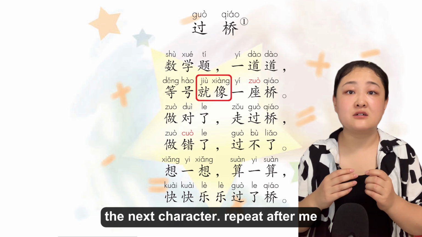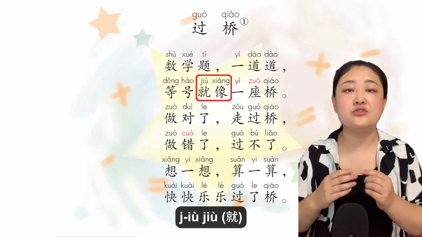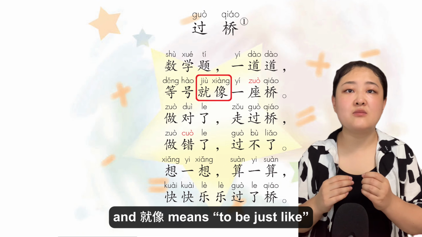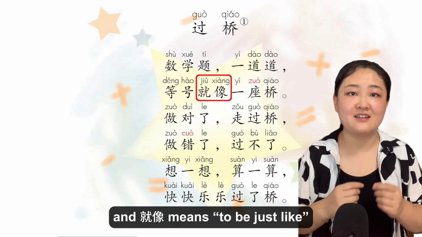The next character, repeat after me. 就. And the next one. 像. 像 means to be like, and 就像 means to be just like.